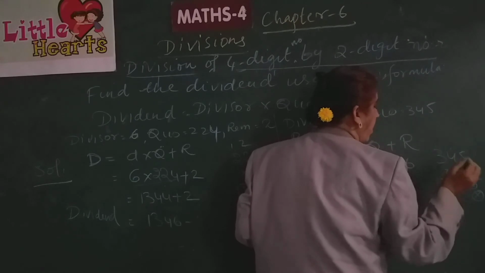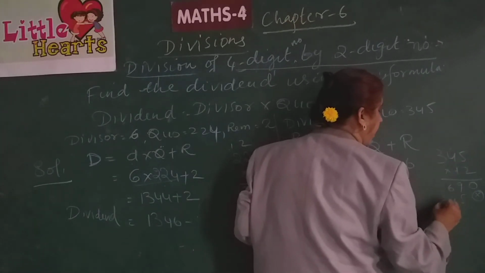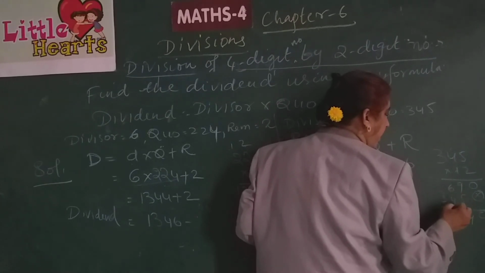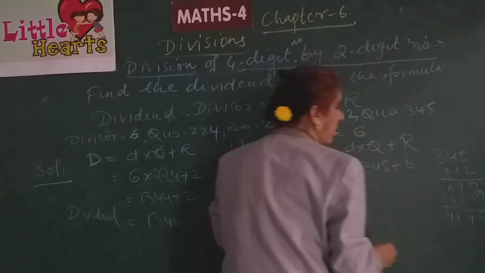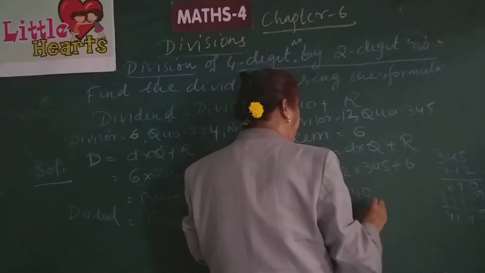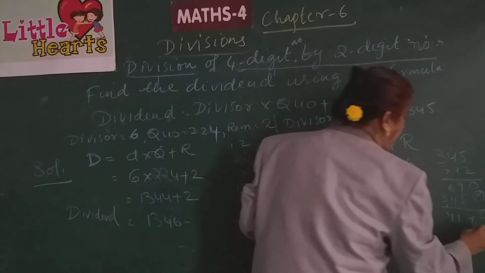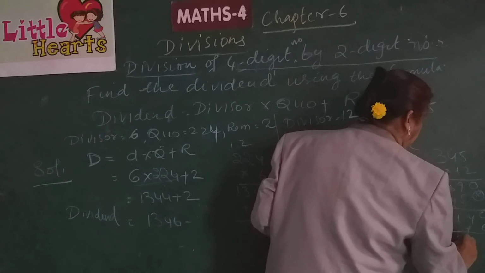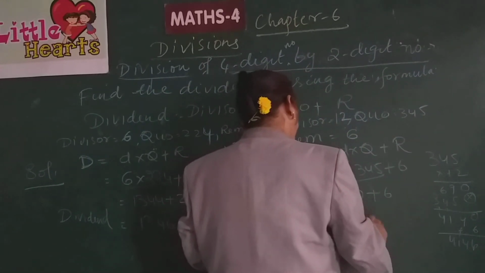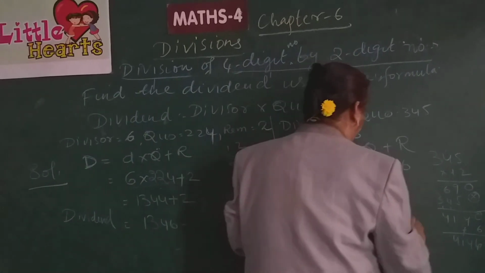Now go with this one. 1 5 is 5. 1 4 is 4. 1 3 is 3. 9 plus 5 is 14. 6 plus 4 is 10 plus 1 is 11. 4140. The value of this is 4140, add 6 to it. 4146. This is the dividend we need to find out using the formula.